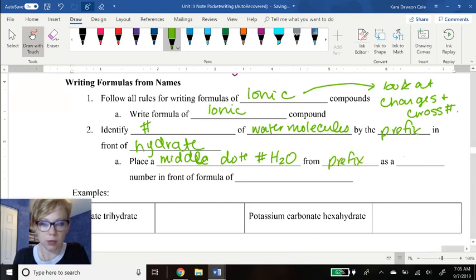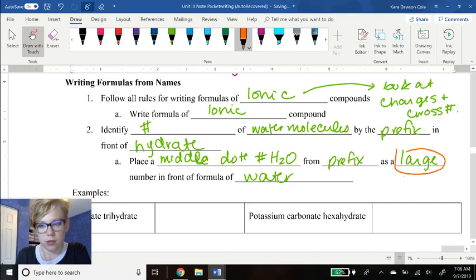It is a large number in front of the formula of water. Now this large number is what we call a coefficient, which we will talk about again next unit, right?